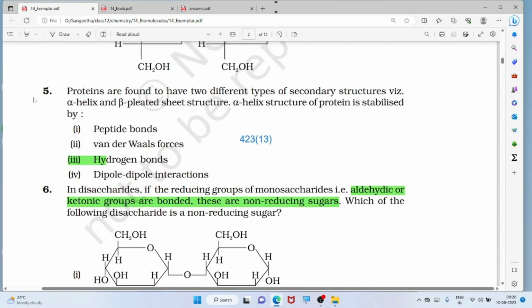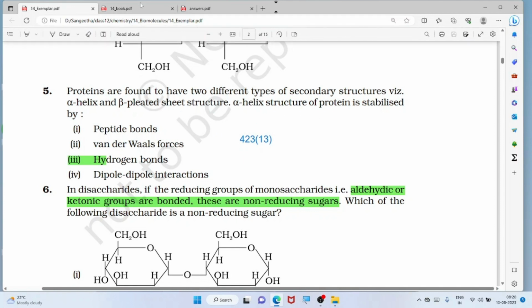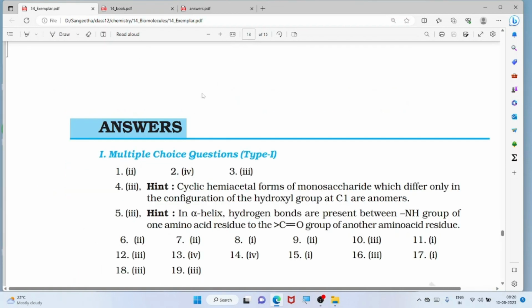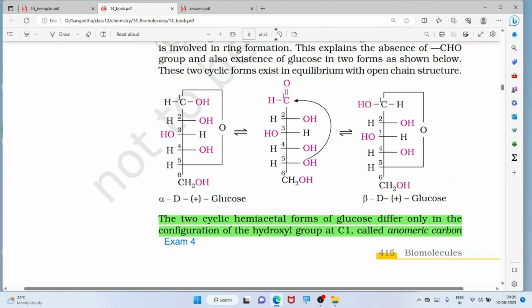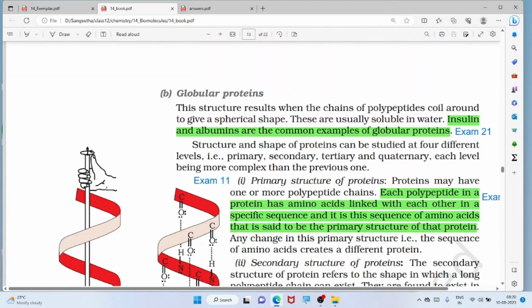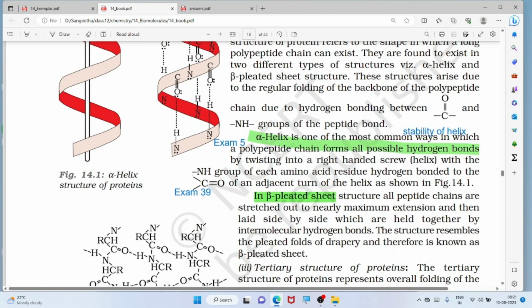Proteins are found to have two different types of secondary structure, alpha and beta. The alpha structure of the protein is stabilized by the hydrogen bonds. Alpha helix is stabilized by hydrogen bonding.